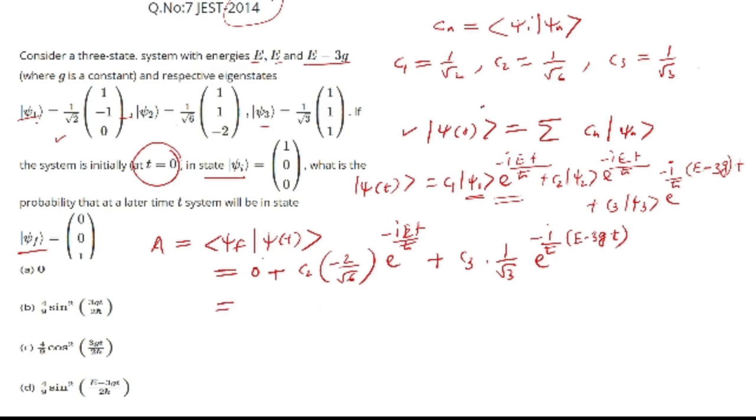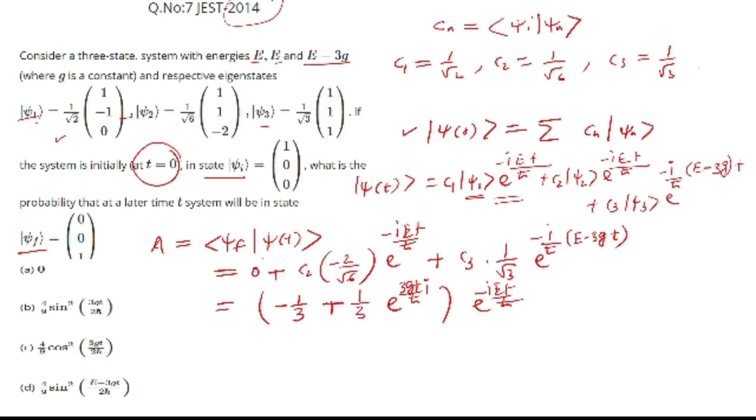Before that we substitute the coefficient values c1, c2, c3. Here c2 is 1 divided by root 6, so root 6 into root 6 is 6, so minus 2 by 6 is minus 1/3, plus c3 is root 3, so it will be 1/3 again, then e to the power iota 3gt by h cross. We take common out the exponent energy part, that is e to the power iota E t by h cross.